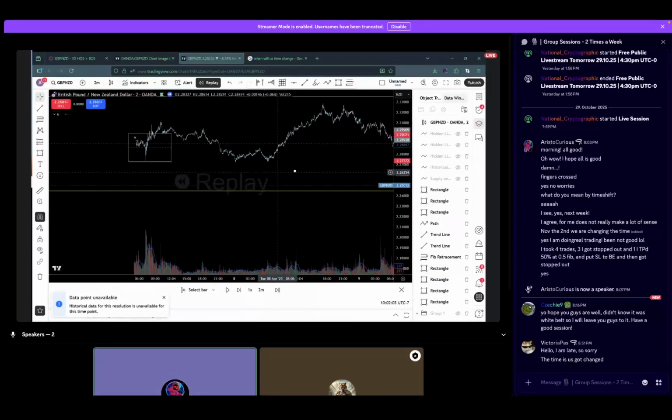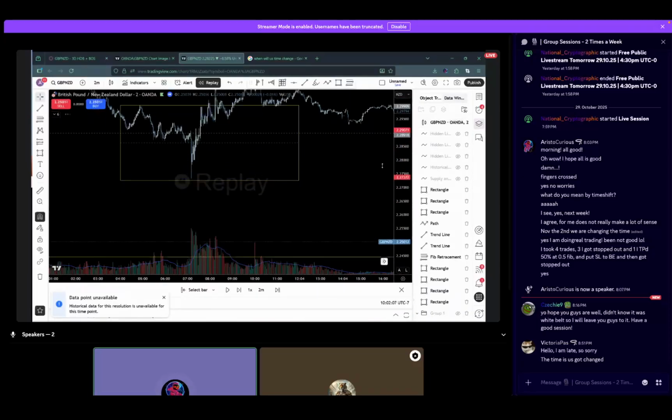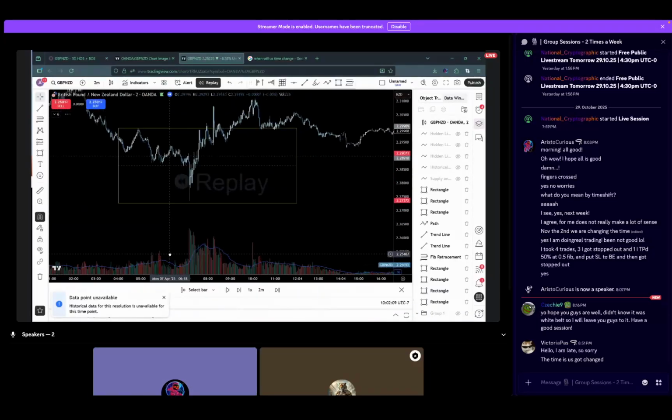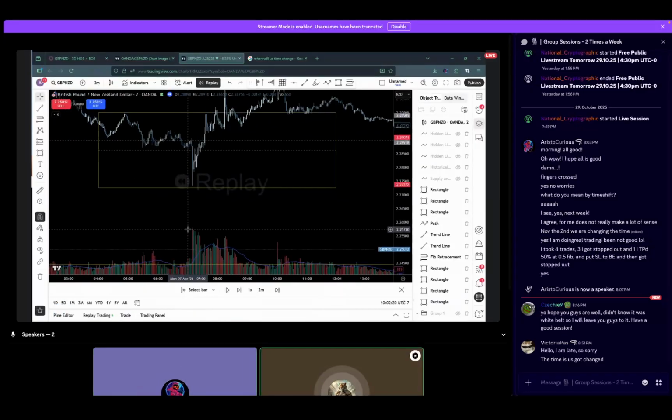And where is it? Here. Oh wow. I mean, there was literally a lot here. So indeed the blue candle has the highest volume. This is interesting, but obviously still with a big wick at the lows, and the following candles were very high volume.